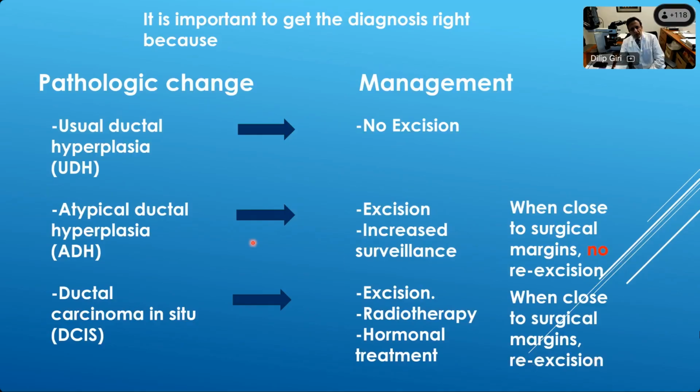Sometimes, an ADH diagnosis on excision will be converted to DCIS, and in those cases, this approach will follow. So therefore, it's very important to make a correct diagnosis of these lesions on a core biopsy specimen.